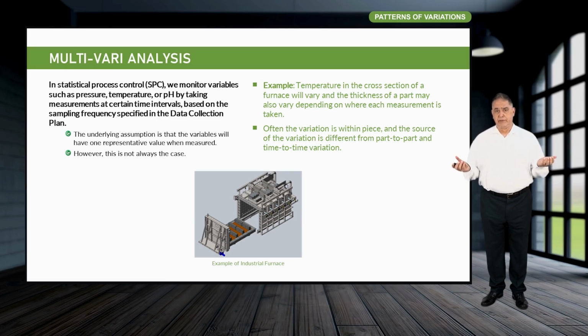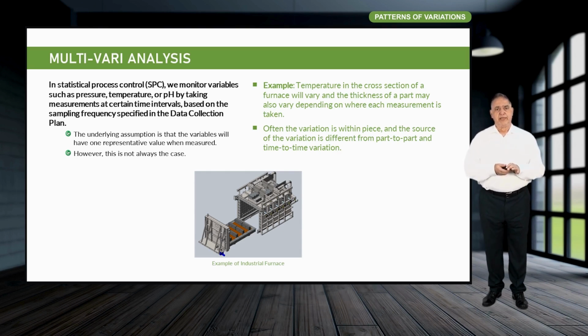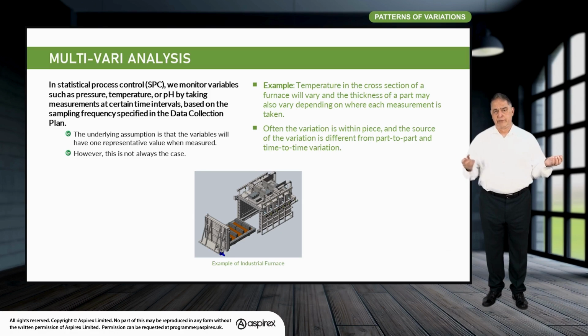We have input variables, which are symbolized by using X, and output variables, which are symbolized by using Y. We also made a distinction between the critical process inputs that are typically abbreviated with the uppercase X, and the critical process outputs abbreviated with the uppercase Y. So when we talk about multi-vari analysis, we monitor how changes in the input variables affect the output variable.